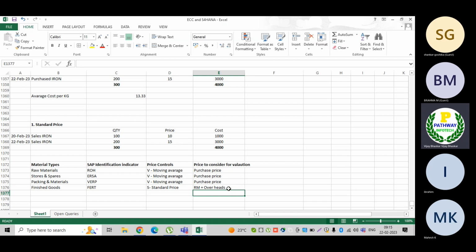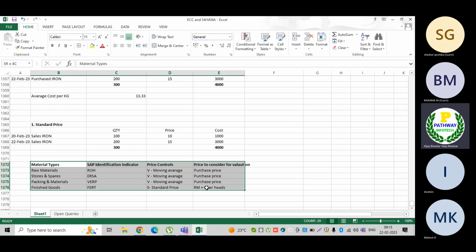All these expenses we call overheads. Including all these, the system will calculate the final price. So these are the raw material types.